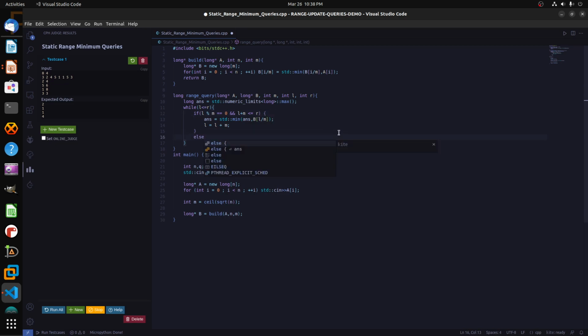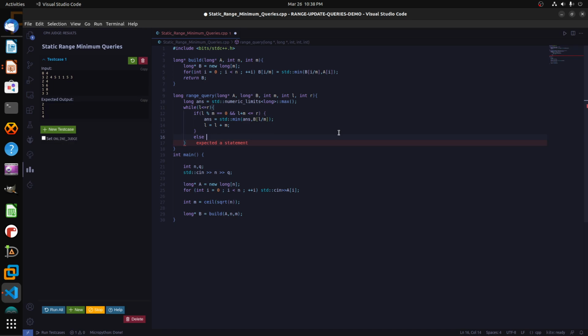Else, if we are not at the beginning of a block, or we cannot use that block entirely, use only the element of the original array.